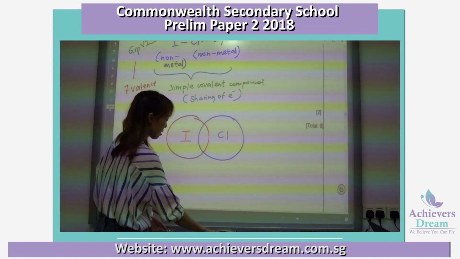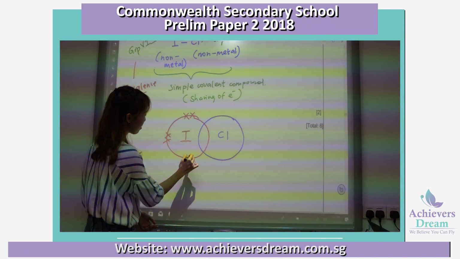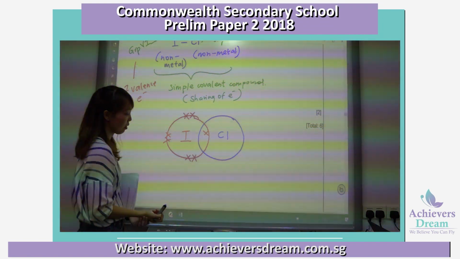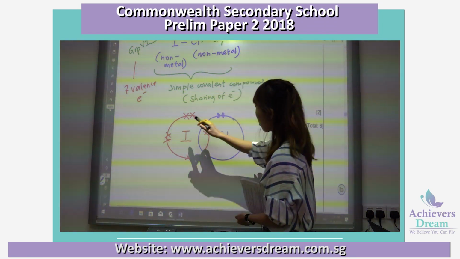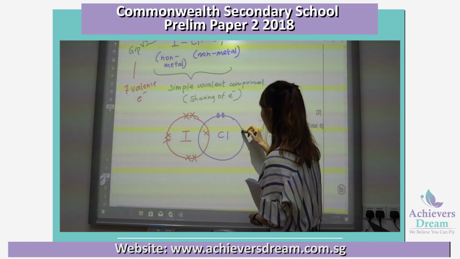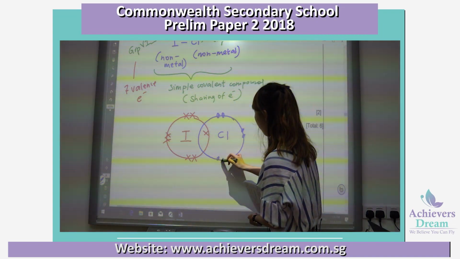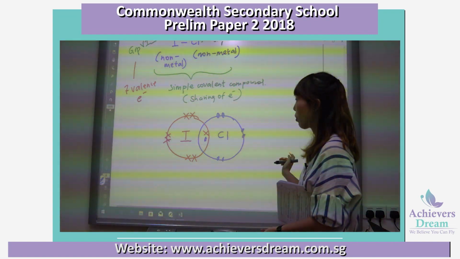So iodine has 7 valence electrons. 1, 2, 3, 4, 5, 6, 7. Then now chlorine, same thing. I use dot and cross to differentiate between iodine and chlorine. So 3, 4, 5, 6, 7. Okay, this is the final dot and cross diagram.